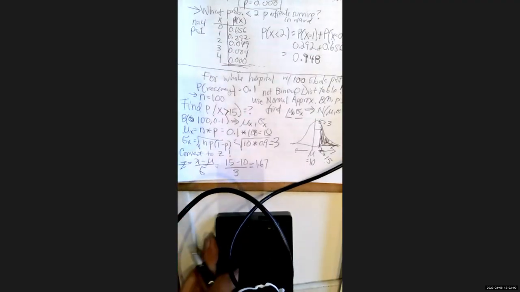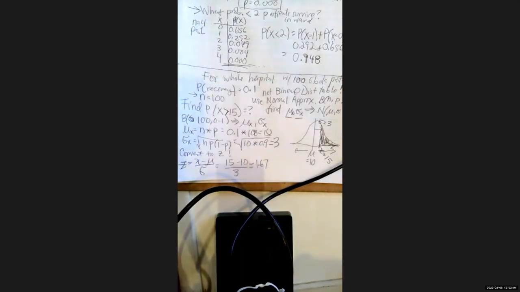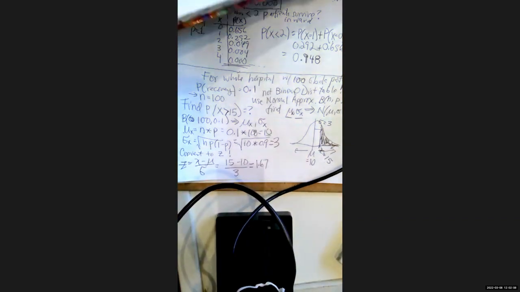All right, now I'm going to go to my standard normal tables. On the positive side, I've got my standard normal table here. My value of z is 1.67.